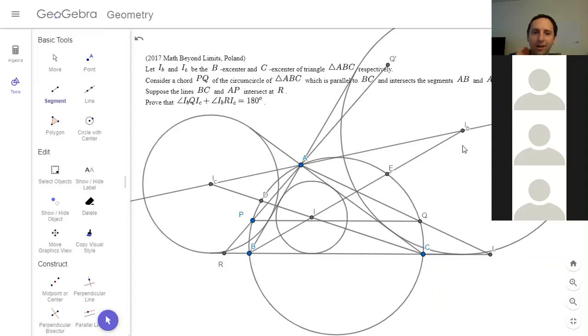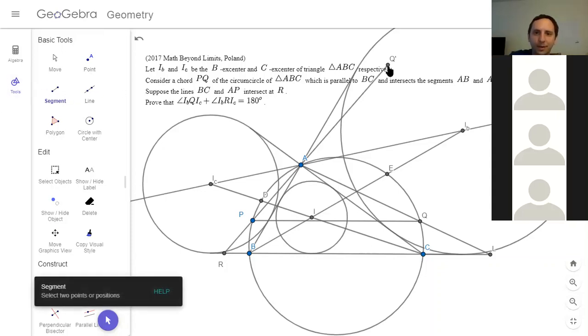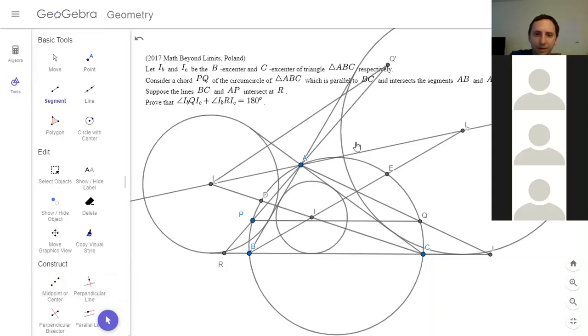Okay. So I'm going to prove the angle Q prime ICA is equal to Q prime R IB. Could you draw it so it could be easy to see? Yeah.